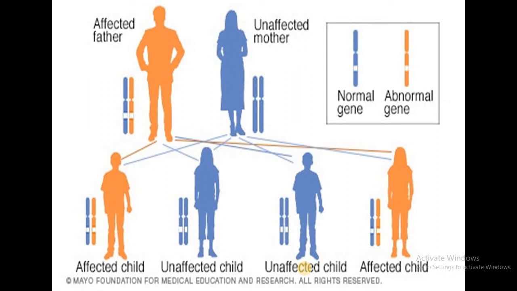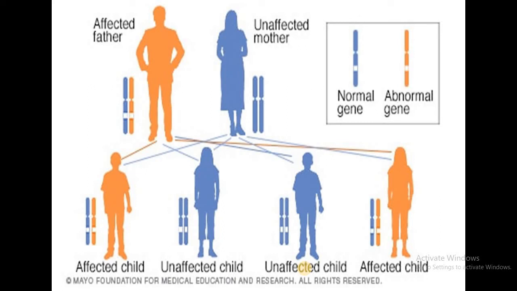So this disease is caused by an inherited defect in a single gene, and Huntington disease is an autosomal dominant disorder, as I told, which means the person needs only one copy of the defective gene to develop this disorder.